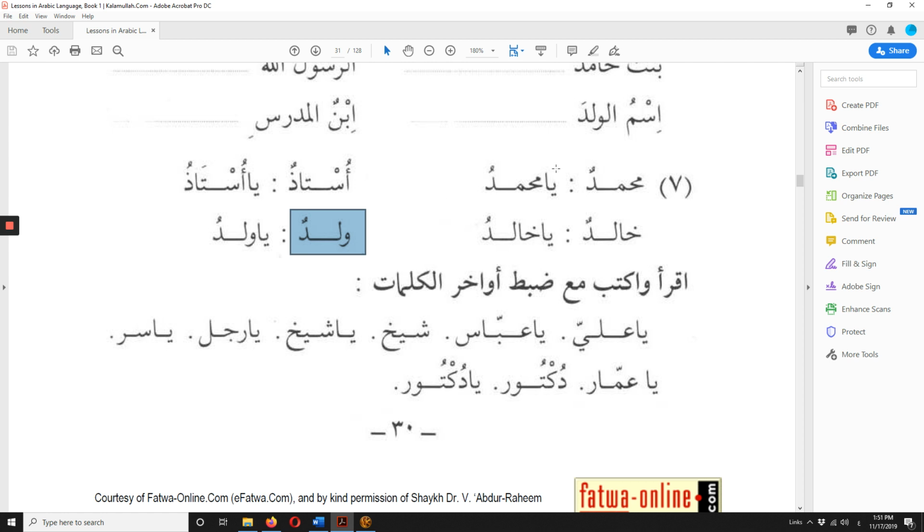And when you put ya in front of it to mean oh Muhammad, oh Khalid, oh professor, oh child, then it'll change to one dhamma. So it'll be ya Muhammadu instead of Muhammadun, ya Khalidu instead of Khalidun, ya Ustadhu instead of Ustadhun, ya Waladu instead of Waladun. And there's this very famous book by Imam Ghazali that's called Ayyuhal Walad. So Ayyuhal Waladu.